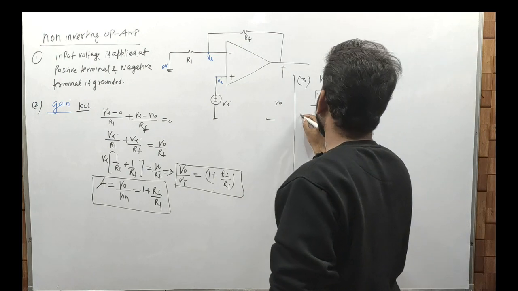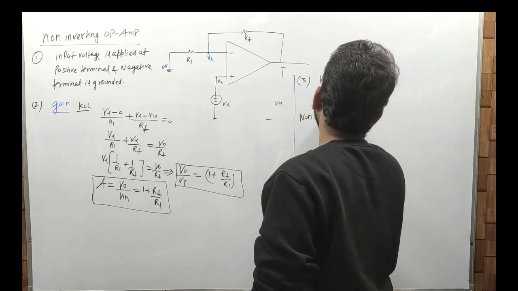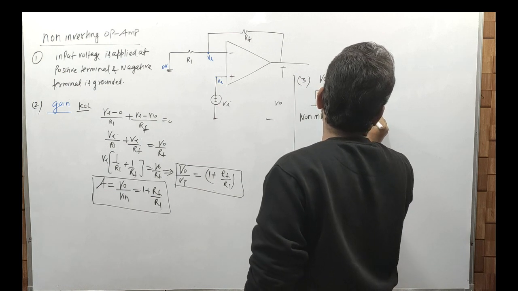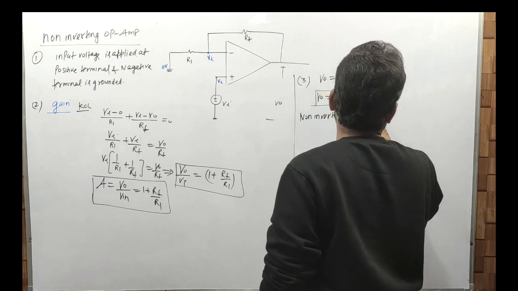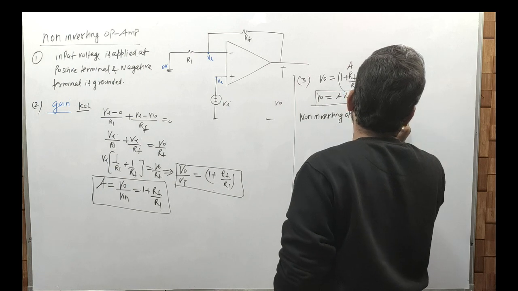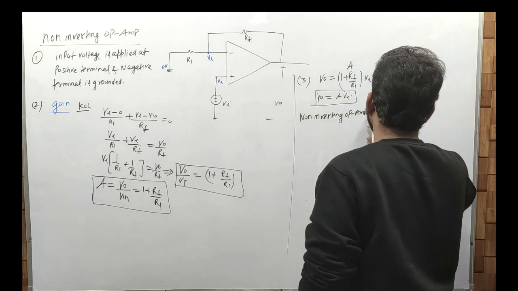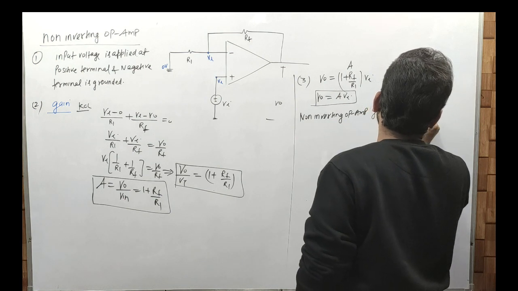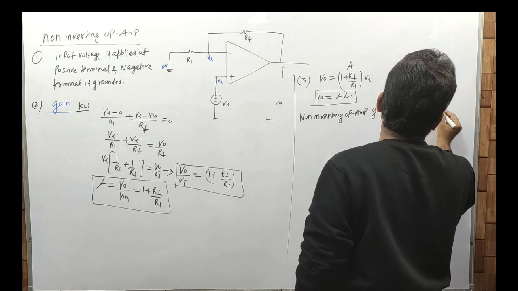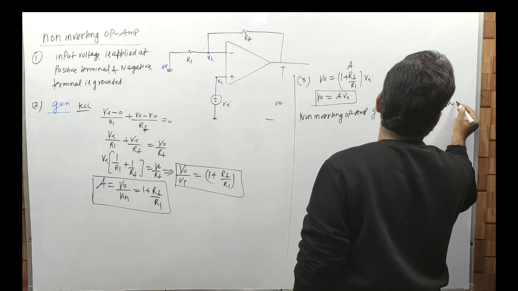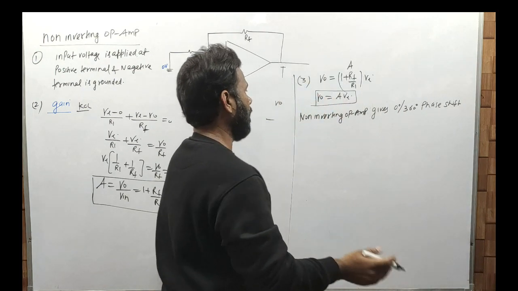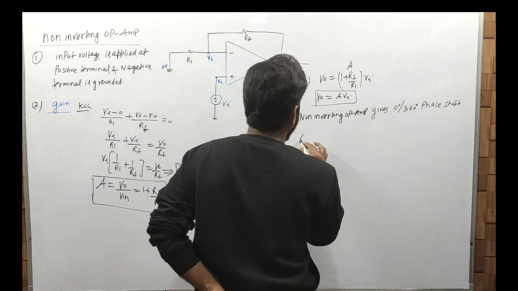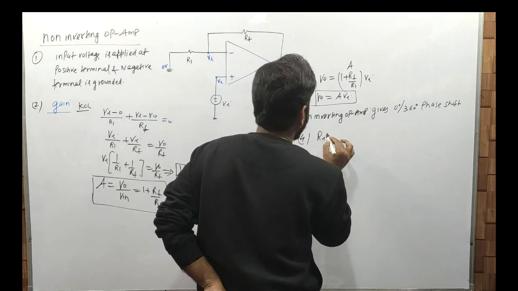That means non-inverting op amp gives 0/360 degree phase shift. That means no phase shift between the input and output. Clear है यहाँ तक?